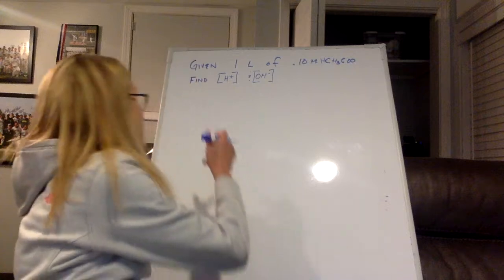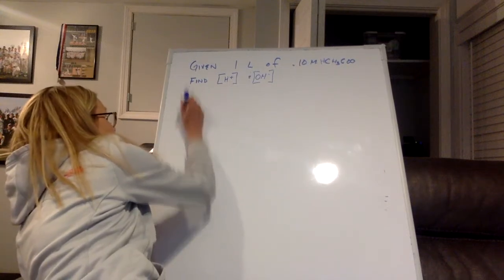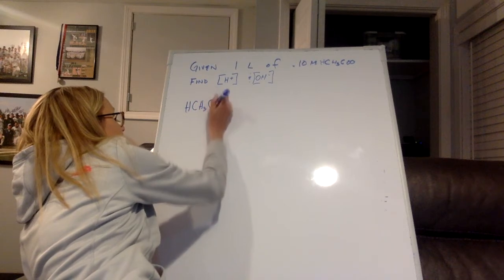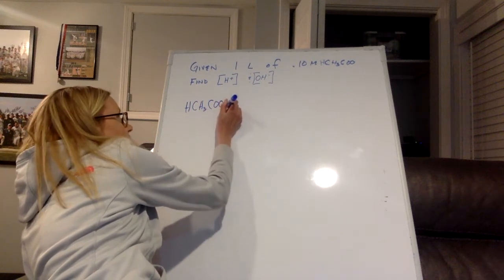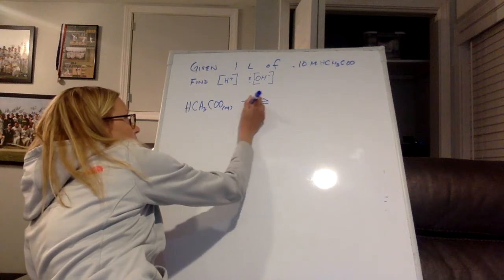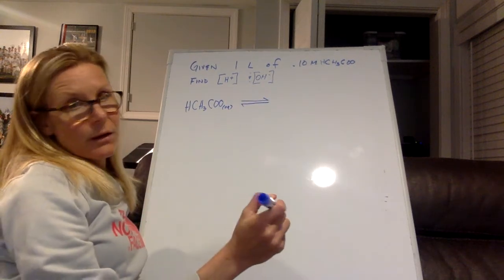Step number 2, write out the balanced equation. So I have HC2H3O2. It's aqueous because remember we said these are always surrounded by water. Because it's a weak acid, it's a two-way arrow.